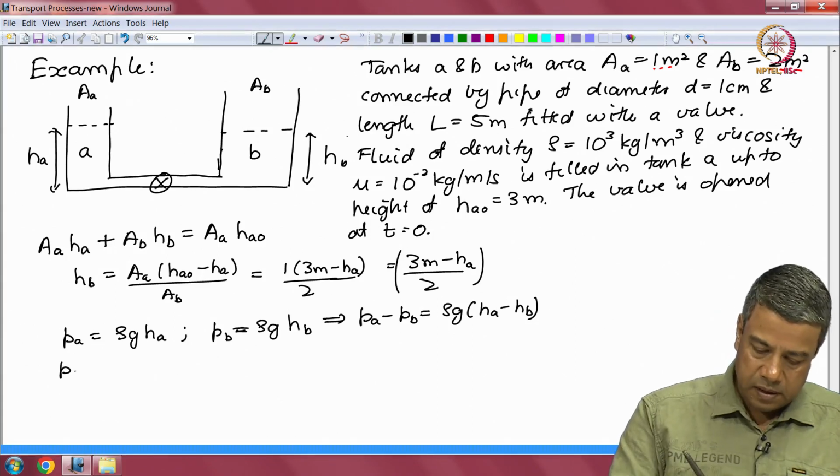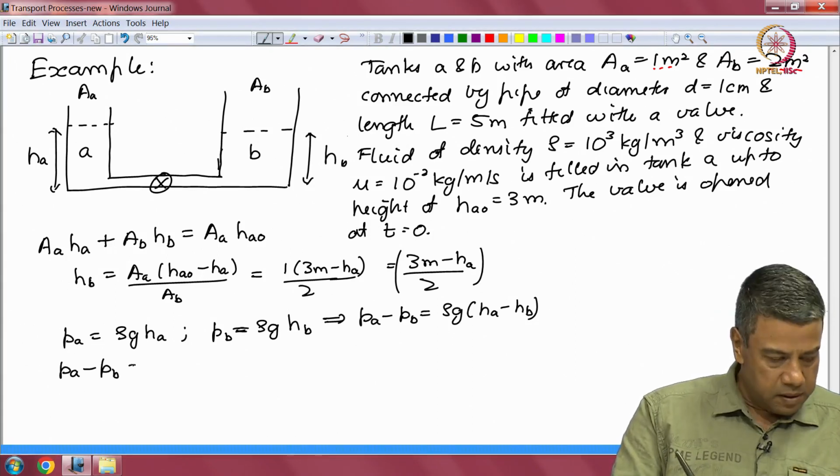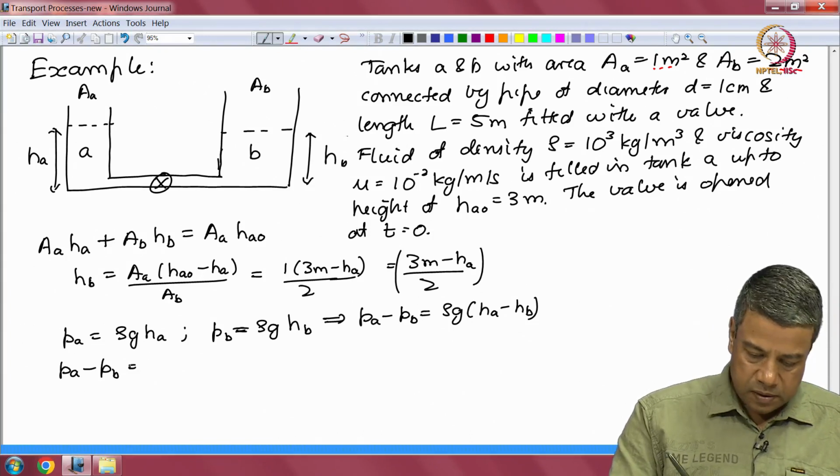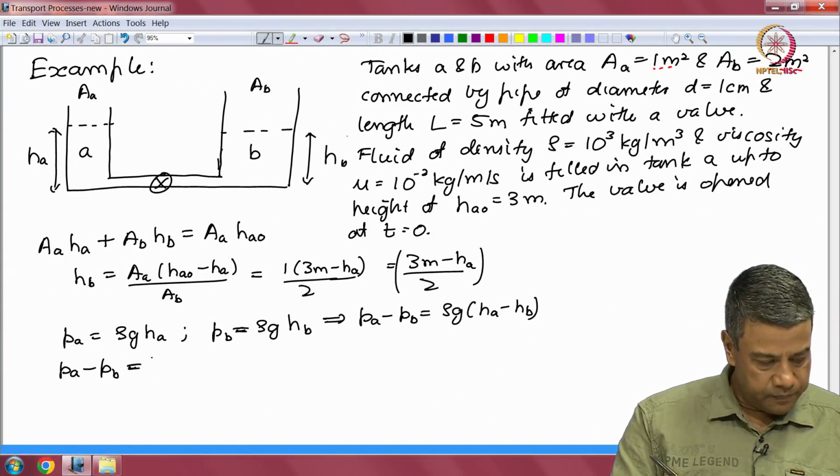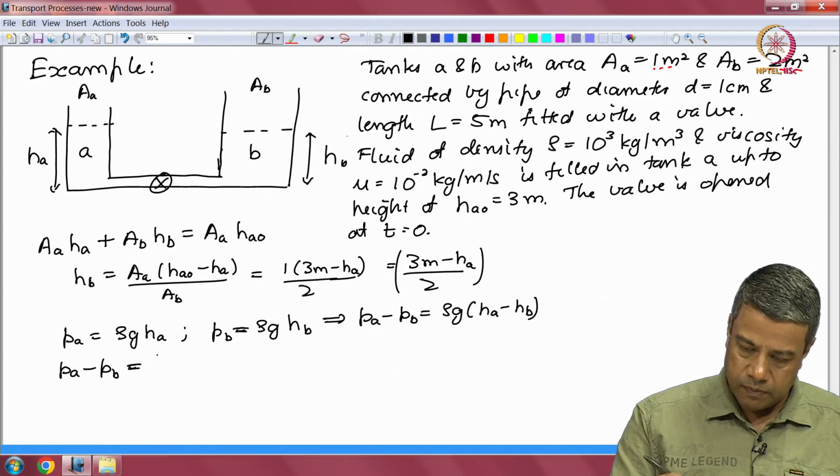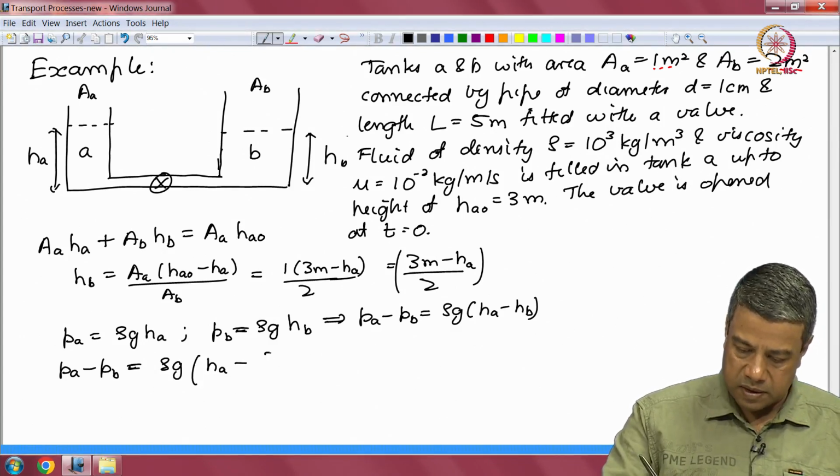Therefore, PA minus PB is equal to rho g into (HA minus HB), which was HA minus (3 meters minus HA) by 2.